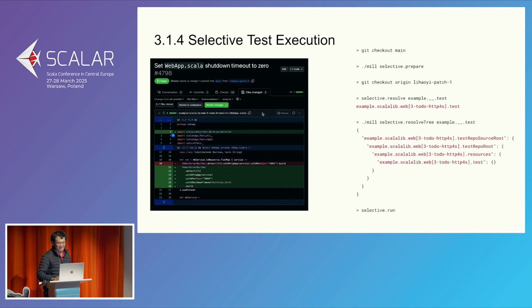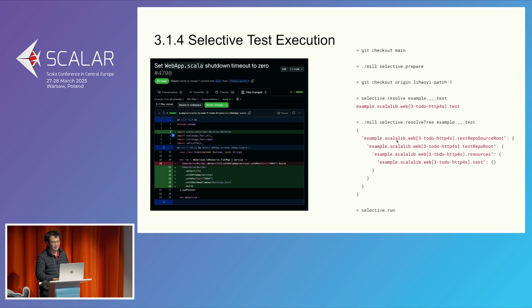Selective test execution. If I make a change, for example, to one test module suite here, I can do git checkout selective.prepare, check out the branch, and I can ask Mill, what test changed in this folder? For example, wildcard tests, which of those tasks were affected by my code change? I can get the list of tasks.